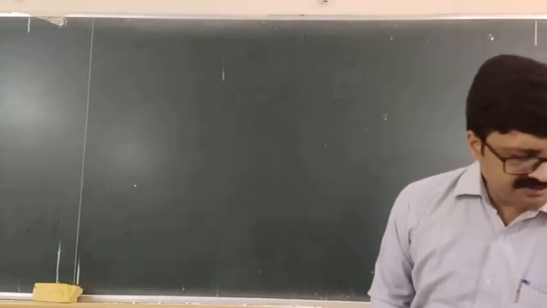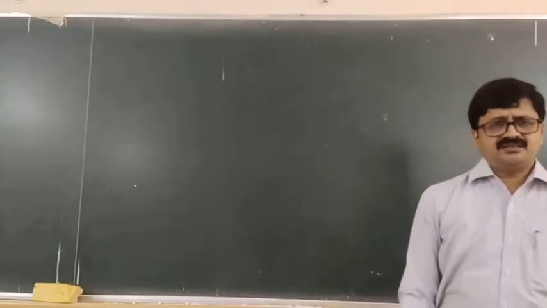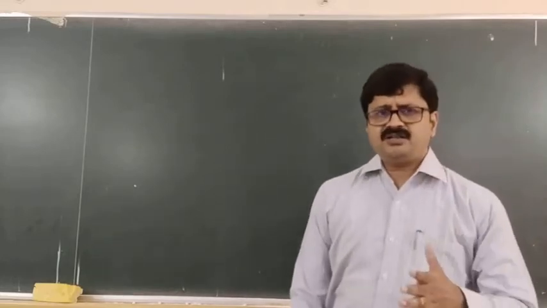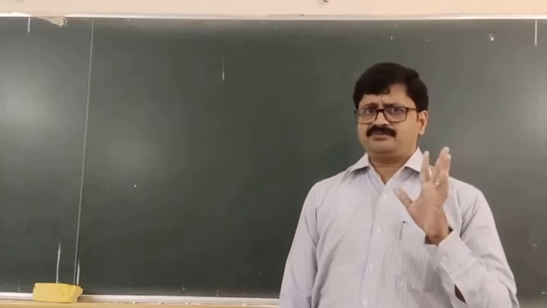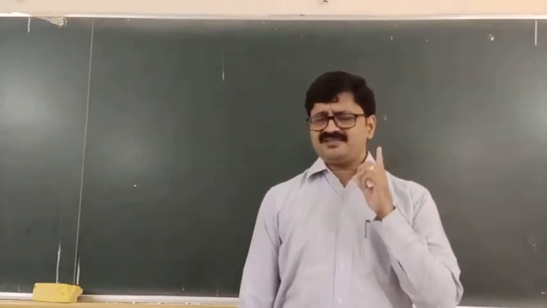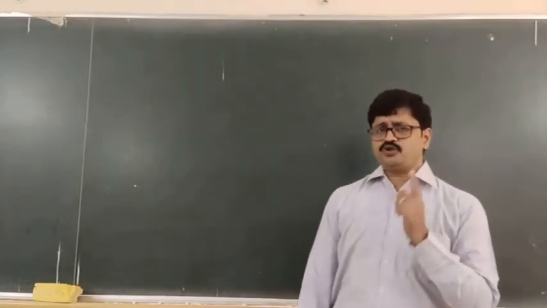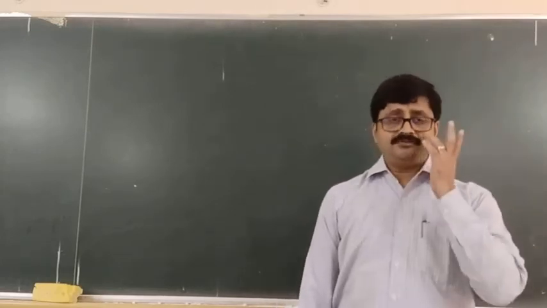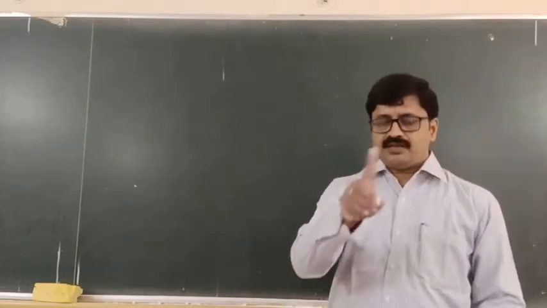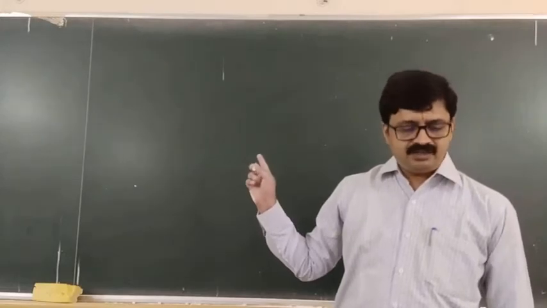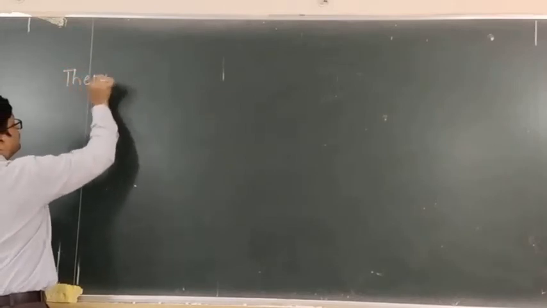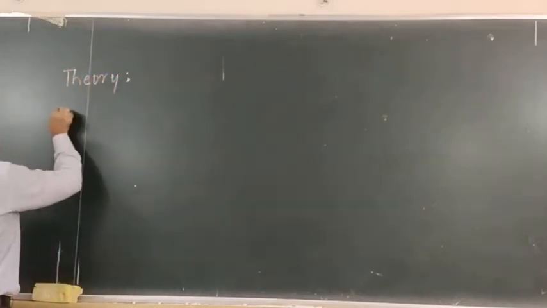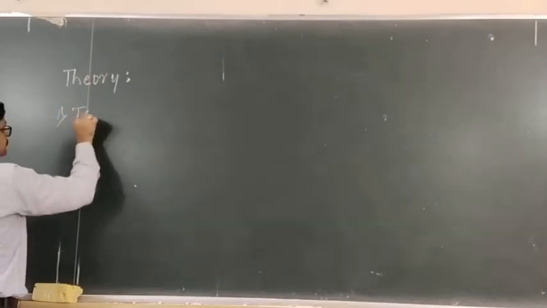And let me just tell you, the time period of the charged particle is independent of the radius of the circular path. Remember, during my discussion on motion of a charged particle through a magnetic field, I told you there. So that same technique has to be adopted here. Under the theory part, firstly, time period.